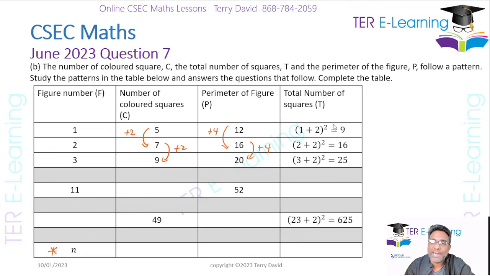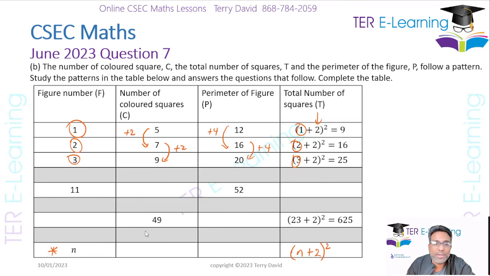If we look at the last column with the number of squares, you realize that your figure number is equal to this first number here. Figure 2, that's this first number here. Figure 3, that's this first number here. In all of them, we are adding 2 and squaring it. So I can do this one first. This here is going to be n plus 2 squared.